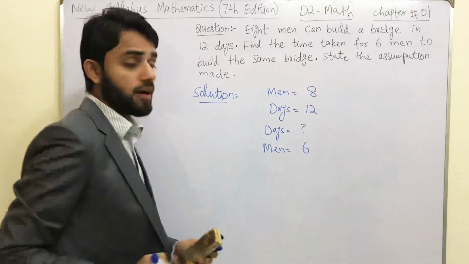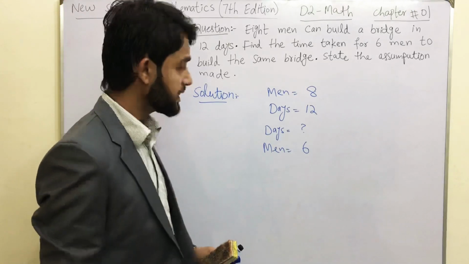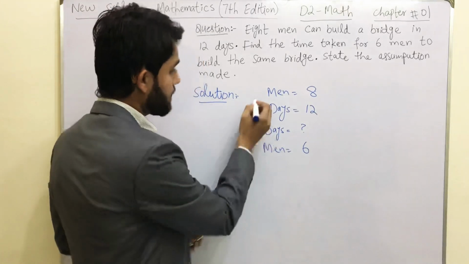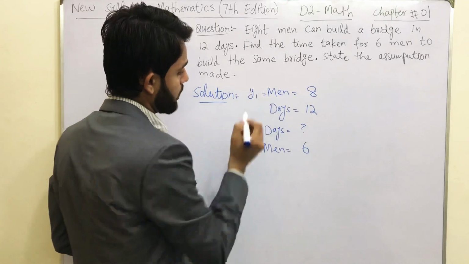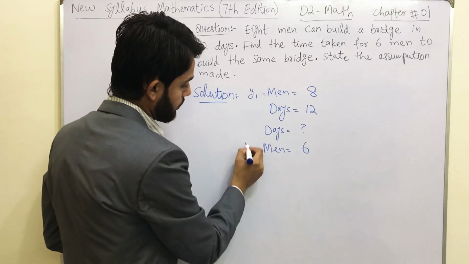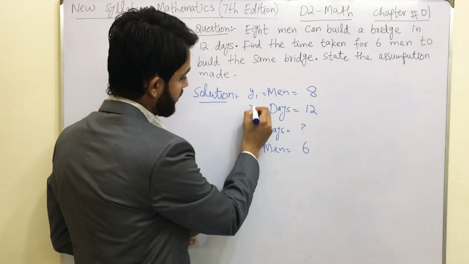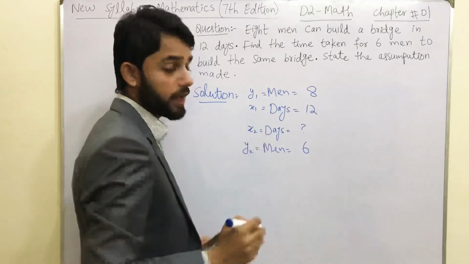Now, for the sake of simplicity and for better understanding, I am going to give names to the variables. Let's assume that these 8 men are y1 and these men are y2. These days are x1 and these days are x2.